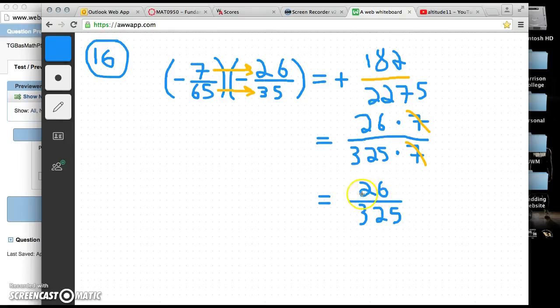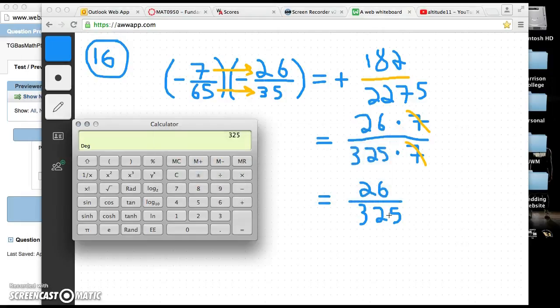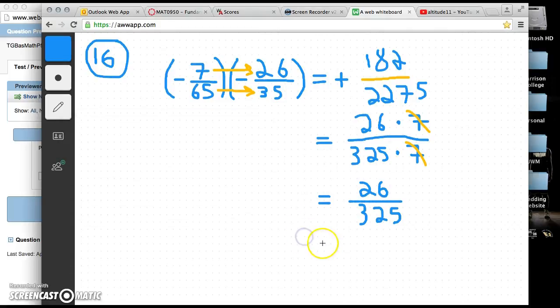It does have a factor of 13, however. 26 divided by 2 is 13, or 26 divided by 13 is 2. So I'm not 100% sure off the top of my head if 325 contains a factor of 13. So I better check that first. So let's take 325 and divide this by 13. And look at that. It is in fact a factor of 13. So we would need to factor out a 13 as well.